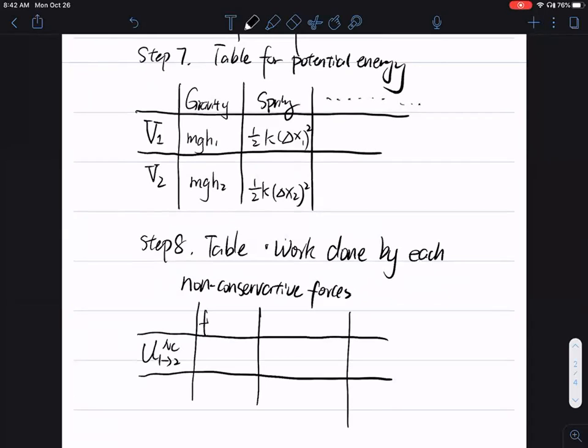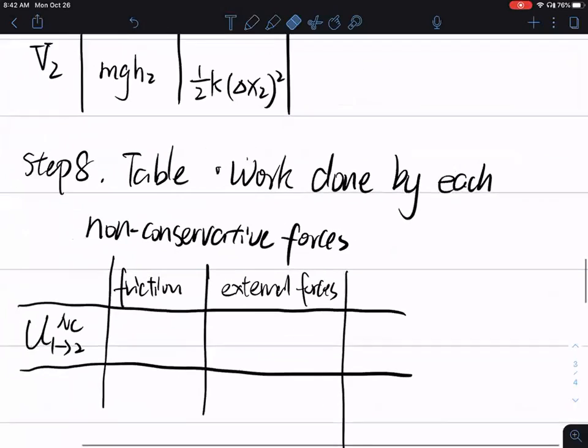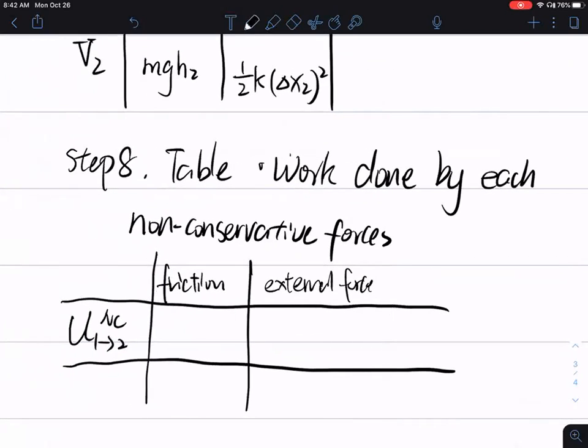If we have friction force, that's going to be there. And if we have external force, that's going to be there too. It depends on how many external forces you have. If you have multiple ones, then you have to do that for each one. Let's call that F1. Maybe perhaps you have F2 in the system. Then you have to list F2.